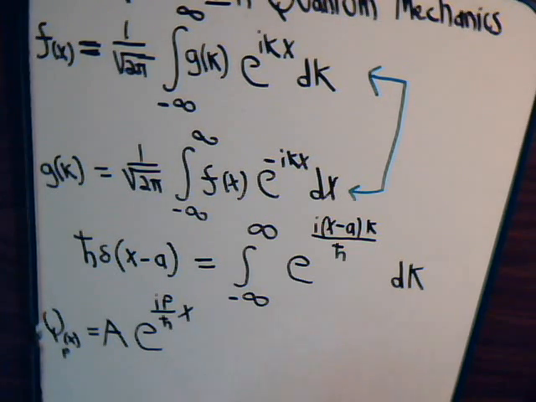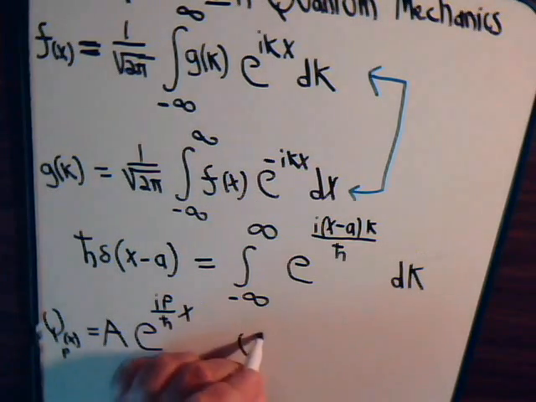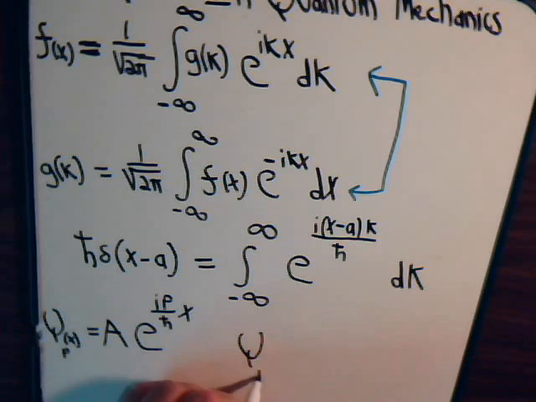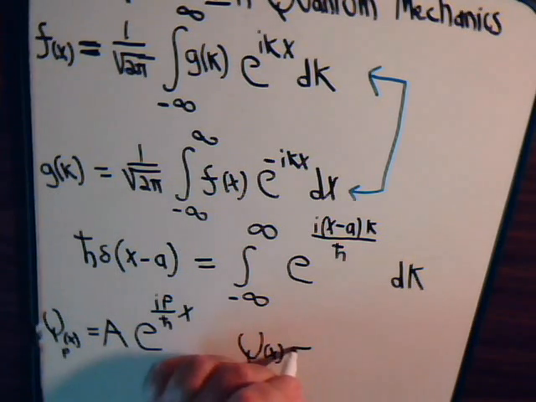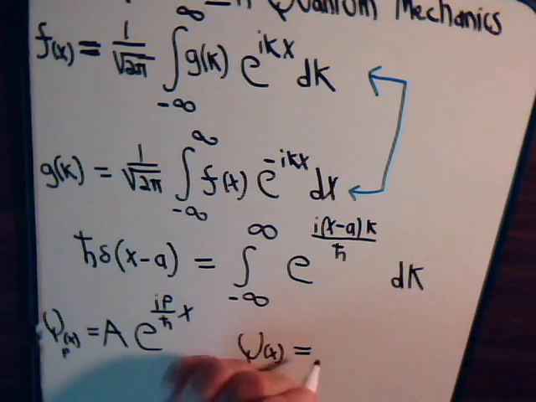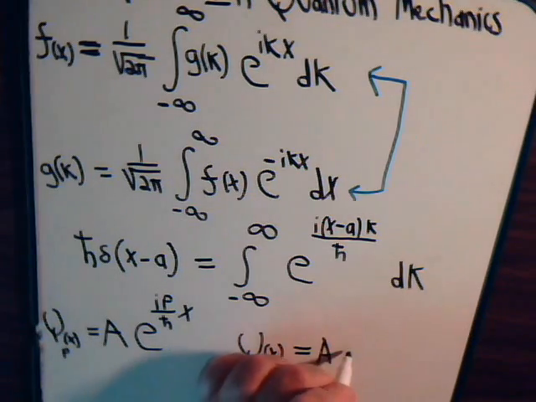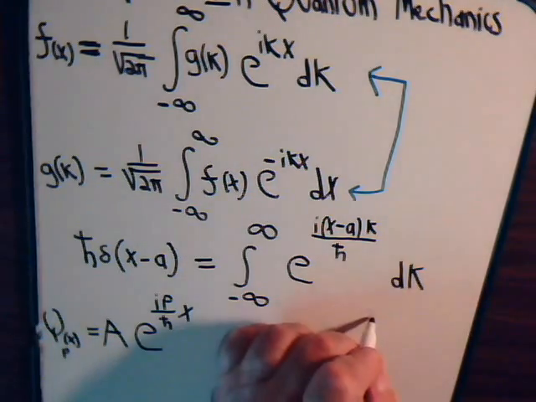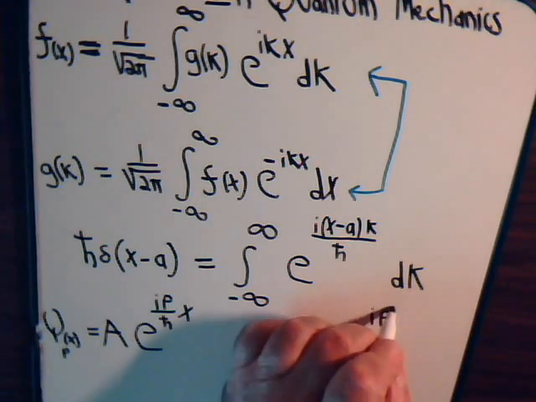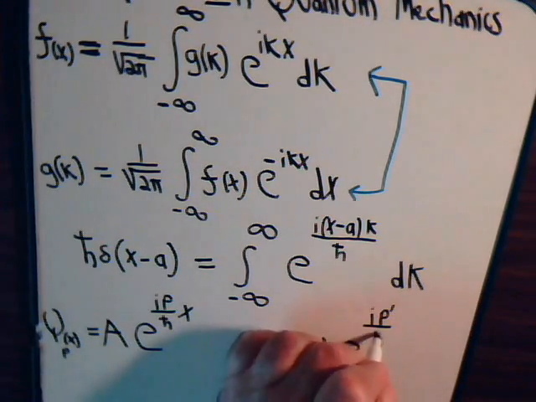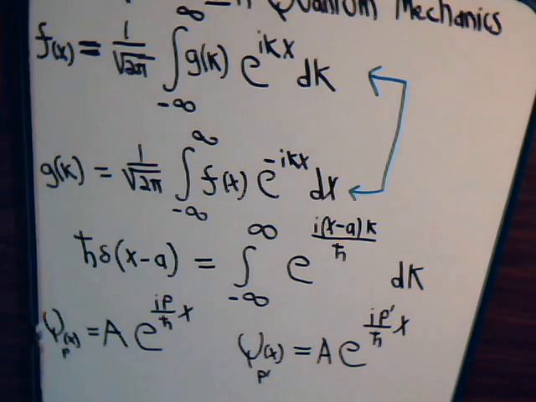So we have p and x here. So we'll label it like this. Now, if we had, say, a psi p prime of x, that would equal A times e to the i p prime over h bar x.